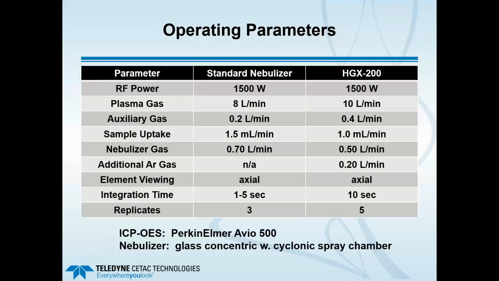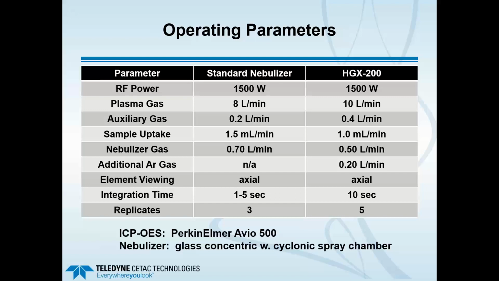So, operating parameters with the host ICP-OES. For the most part, the conditions are similar between the use of the standard nebulizer and that of the hydride generator. However, of course, as we saw in the earlier pictures, the hydride generator has this additional argon gas flow. The nebulizer gas flow is a little bit less. We'll set it at 0.5.